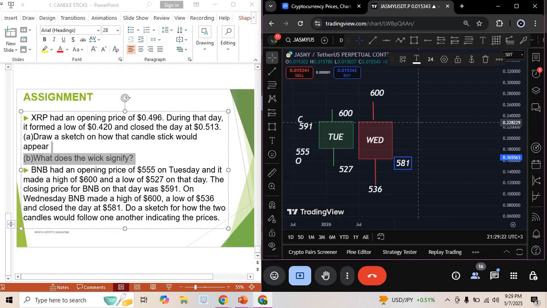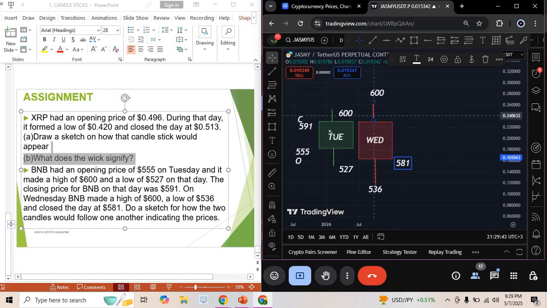This is what was expected in that particular question. Any question? Always remember, the trick part was that the closing price of one candlestick is always the opening price of the next. So 591 will be the opening price for our Wednesday candlestick.